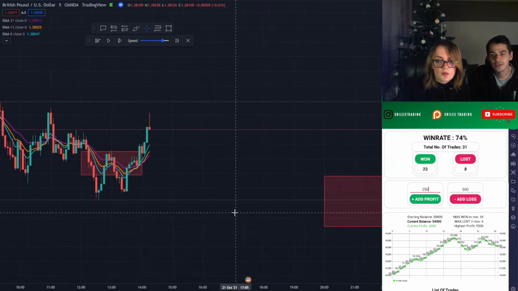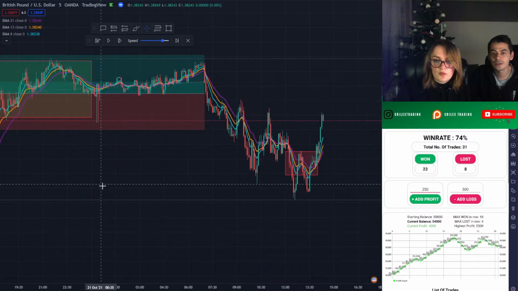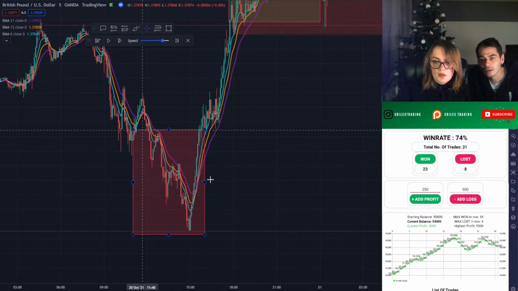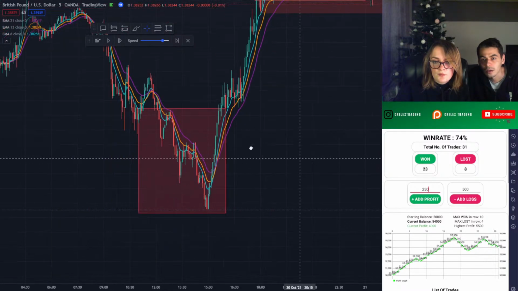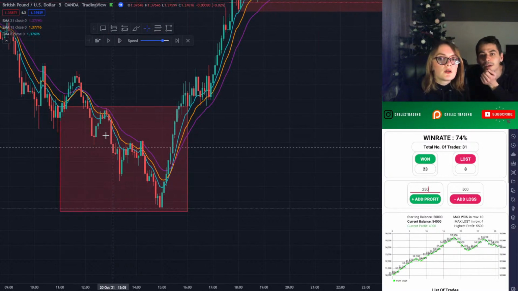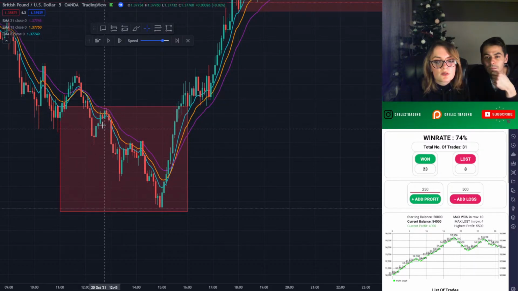Scroll back to the last red zone. Simon is telling something that there was a pullback. Okay, so regarding this zone, right? Okay. There was a trade right there. Which one? This one? No, the next one. Okay, here I've got a trade. Ah, okay.